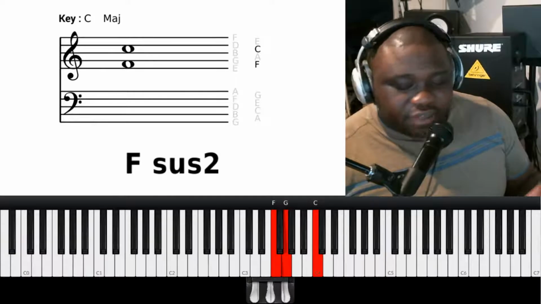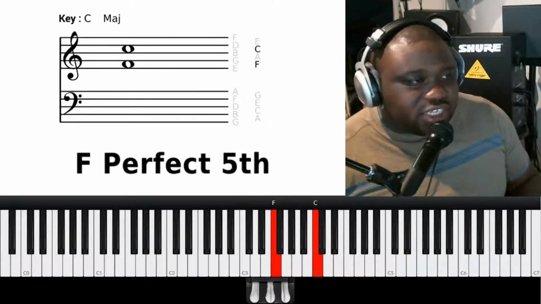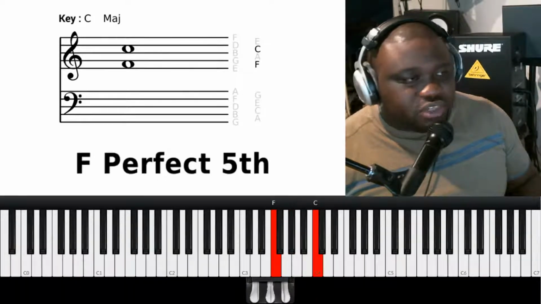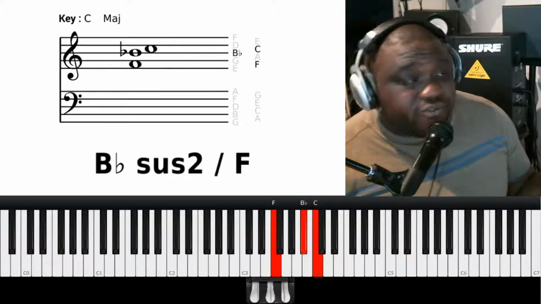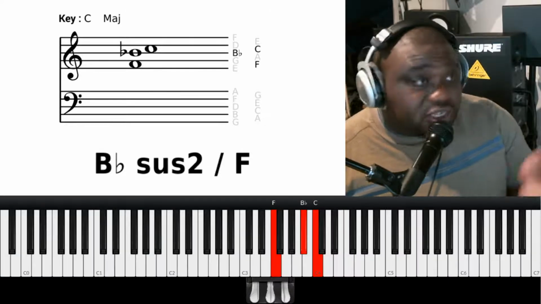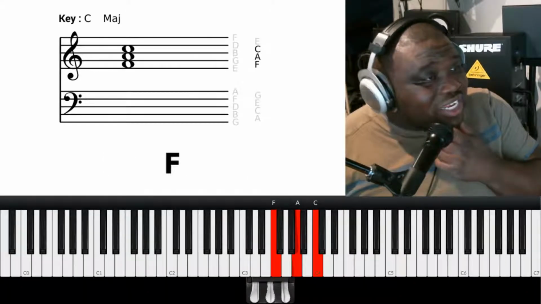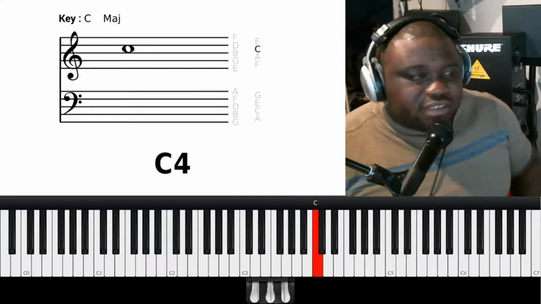You guys see that? And then same way, we isolate this third to the 4th, and that will give you your sus4. Okay, F sus4. Got it? It's just notating it differently, but guys, same concept.